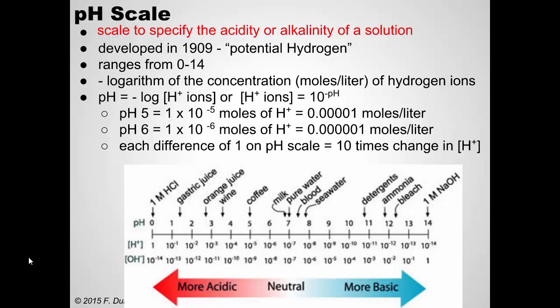At the opposite end, our blood is slightly basic. Seawater is slightly basic. Soaps and detergents are basic. Ammonia, bleach, and at the far end, pure sodium hydroxide is a pH of 14.